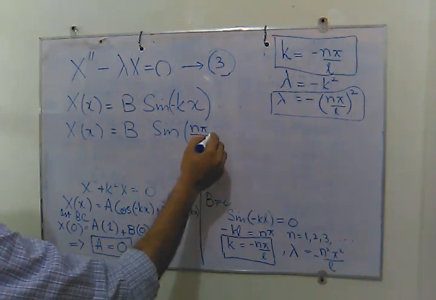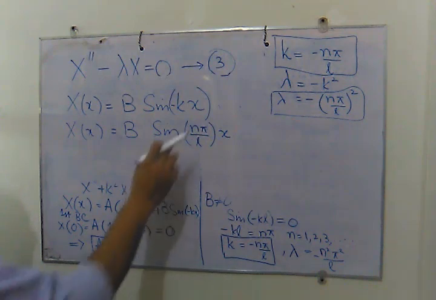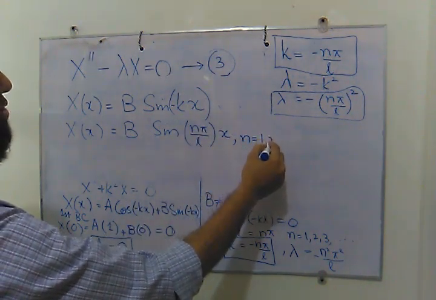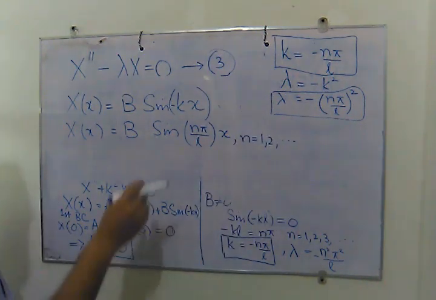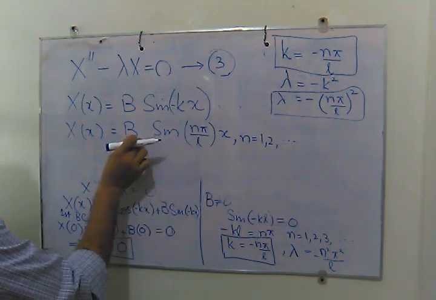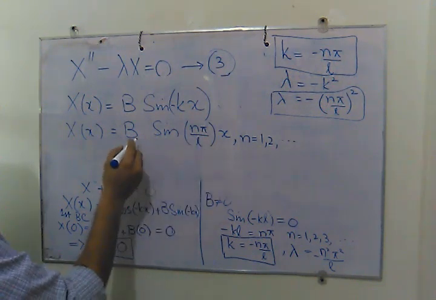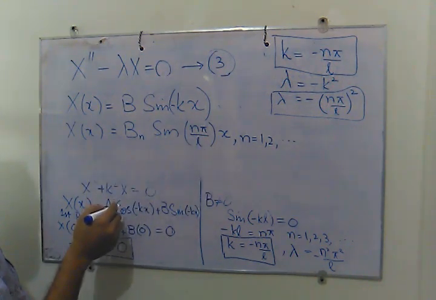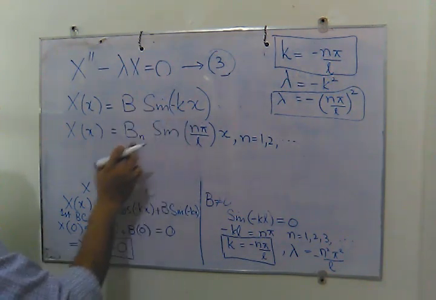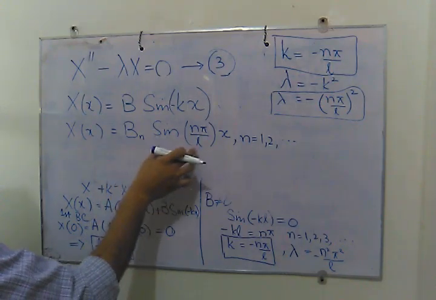Minus minus cancel out each other. Since this is n, which varies from 1 and so on, for every sine there is an associated coefficient. Since there are n sine terms here, there should be n coefficients here. This makes this not a single solution like this, but a solution which has several coefficients, several sine terms.